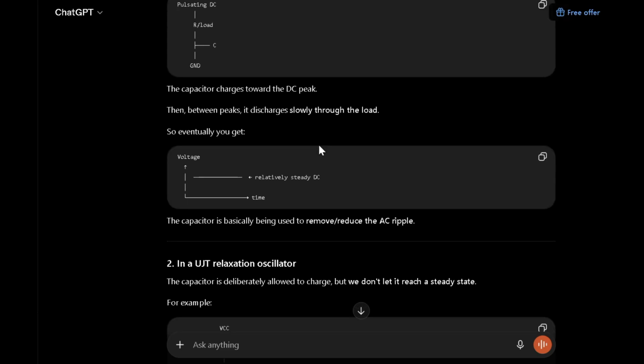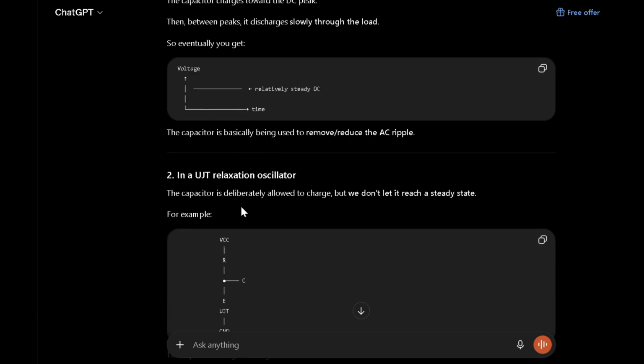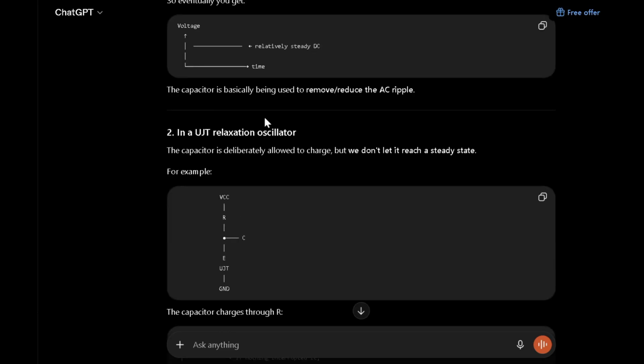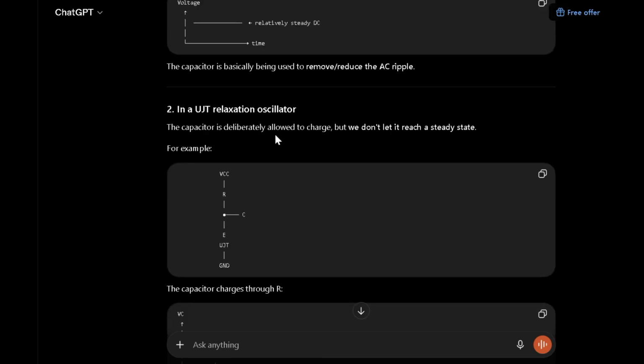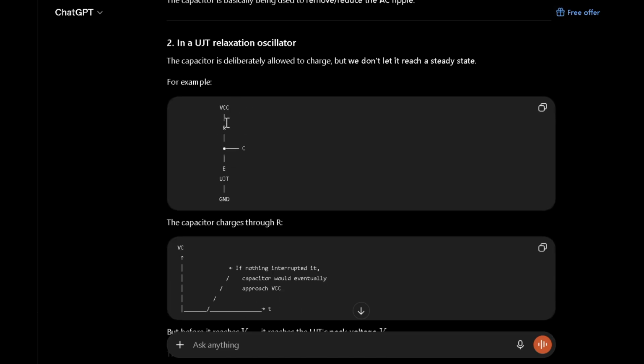The capacitor is basically used to reduce the ripple. So in a UJT oscillator, the capacitor is deliberately allowed to charge, but we don't let it reach a steady state. For example, here the battery is connected, this is the UJT, this is the capacitor, this is the resistor. The capacitor charges through the resistor.